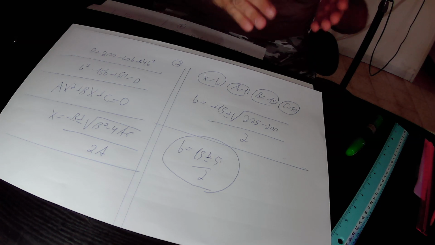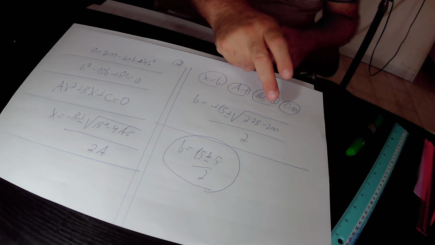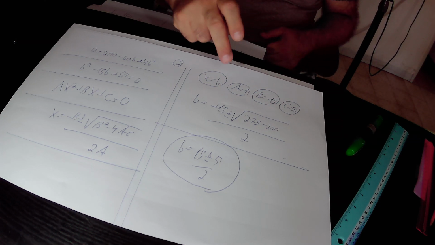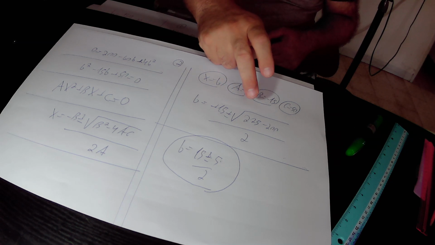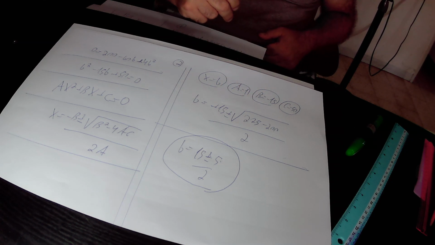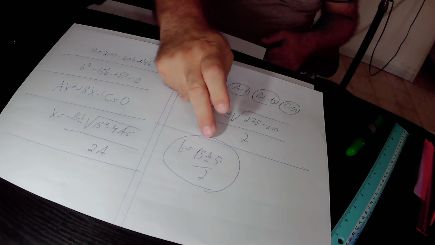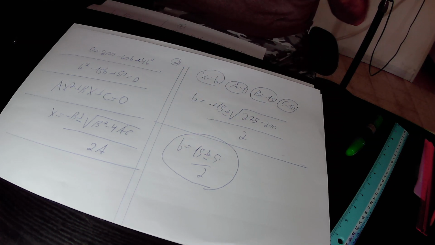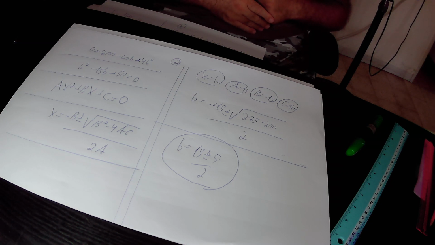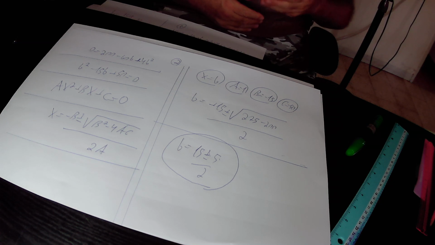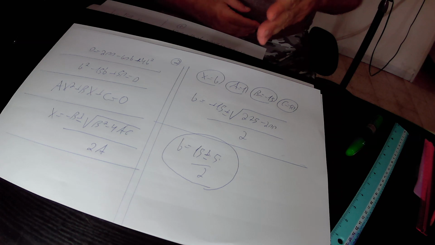So inside the root we have 225 minus 200, that is 25, and the square root of 25 is 5. So in total, B equals (15 plus or minus 5) over 2. Here we have two possible solutions for B. We define the first solution as B1, and the second solution as B2.